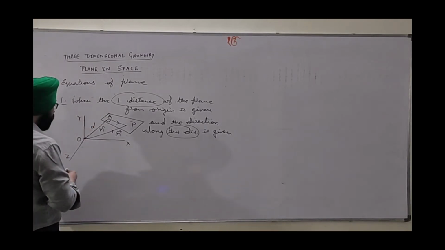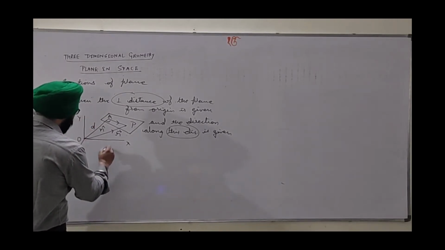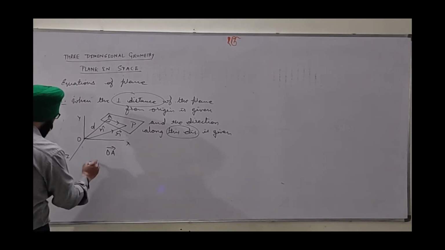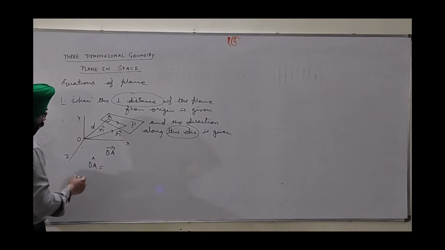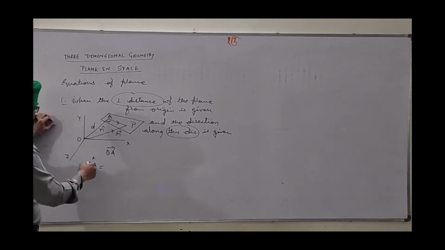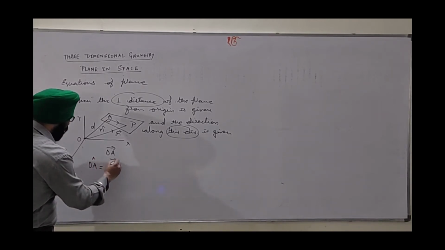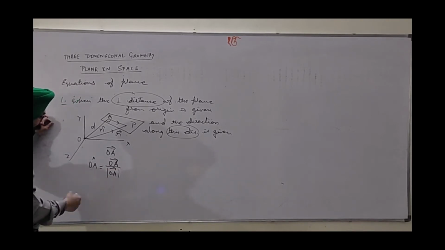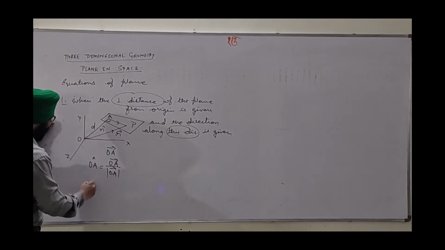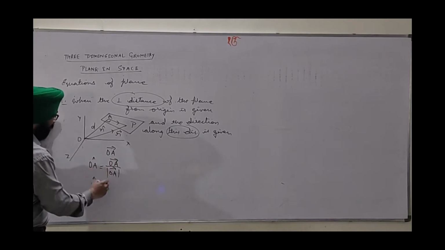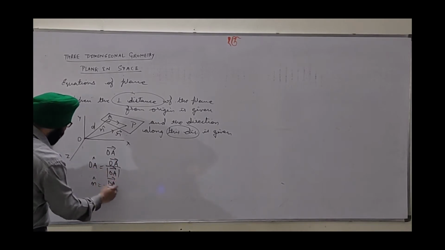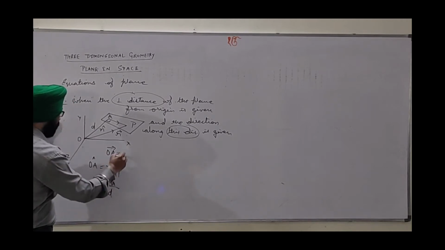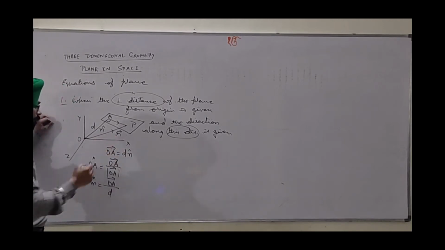So simply the position vector will be vector OA. I require vector OA. Now we know very well that OA cap means a unit vector along OA. This will be equal to vector OA divided by its magnitude, the length. In place of OA cap we have n cap, and the length of OA is given as d. That's why vector OA can be written as d n cap.